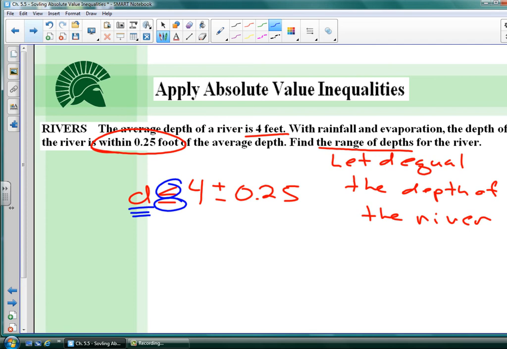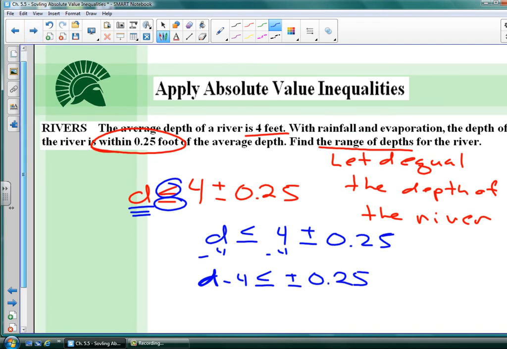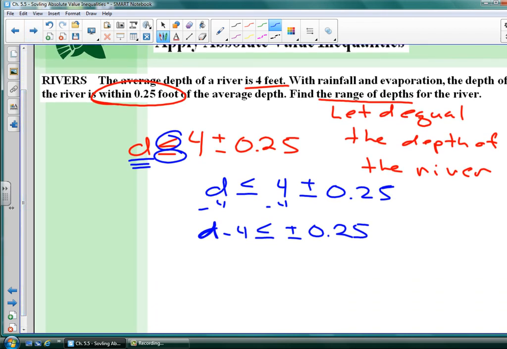So, just like any other inequality, just like we did with the absolute value equations, we have D is less than or equal to 4 plus or minus 0.25. I move the 4 to the other side by doing the additive inverse. And I get D minus 4 is less than or equal to plus or minus 0.25. And then remember what happens to our plus or minus when we use the absolute value.